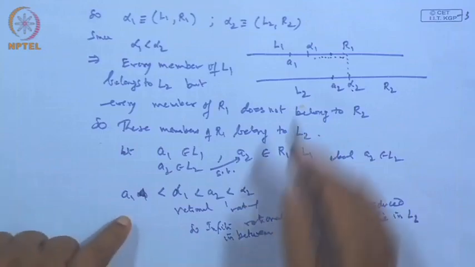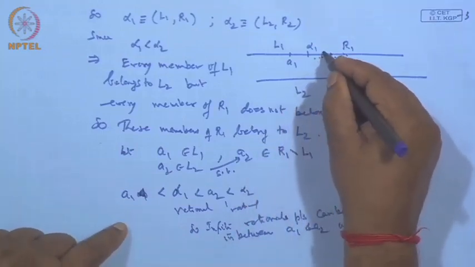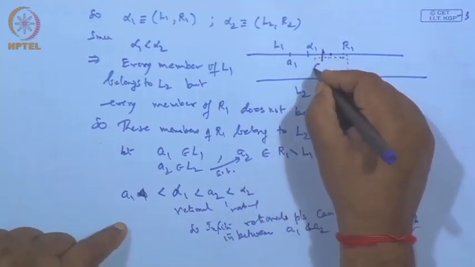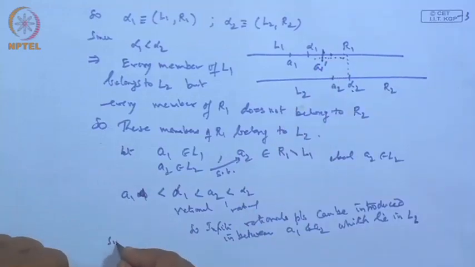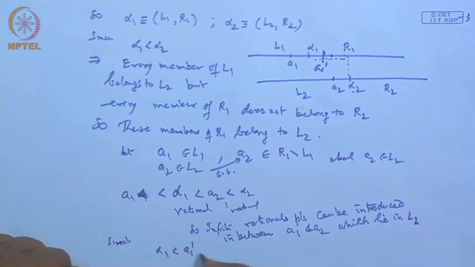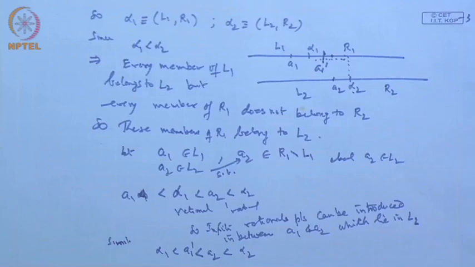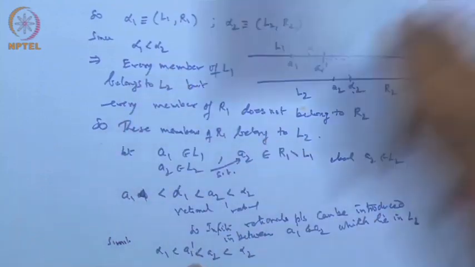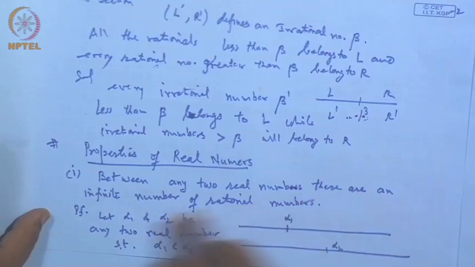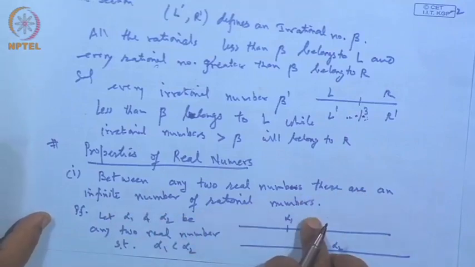Okay. Now, if we take A 1 dash here, then similarly alpha 1 is less than A 1 dash, which is less than A 2, which is less than alpha 2. So, in between alpha 1 and alpha 2, infinitely many rational numbers can be introduced, and that is what he says, that between any two real numbers there are an infinite number of rational points.